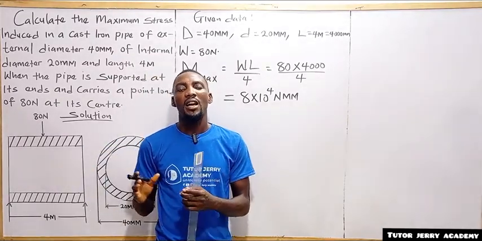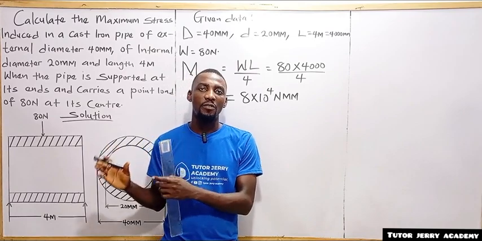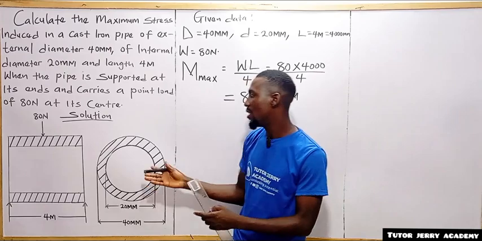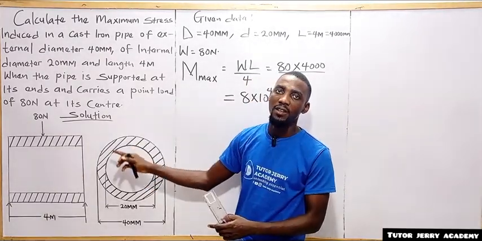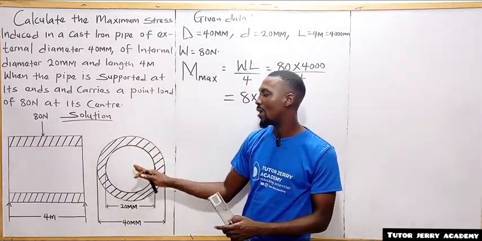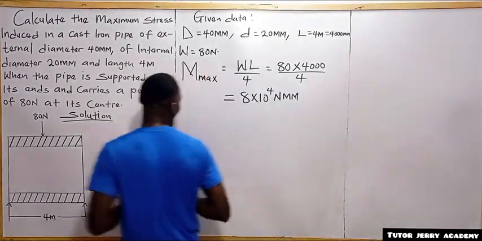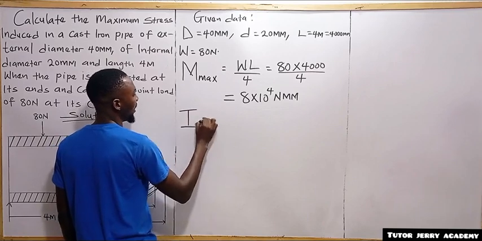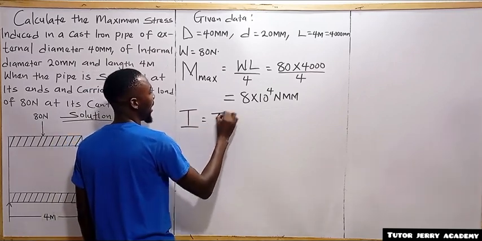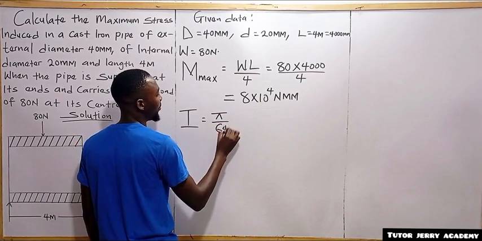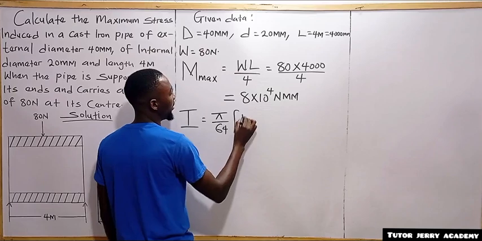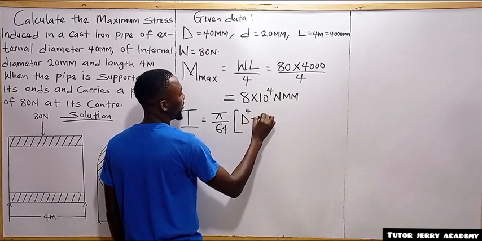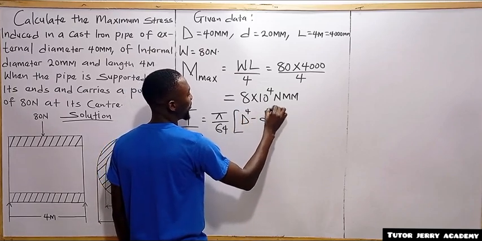All right, Newton millimeter. So the next thing we are going to consider is the moment of inertia of this section. This is a hollow circular section. So for a hollow circular section, the moment of inertia is given as pi over 64 times D to the power of 4 minus d to the power of 4.